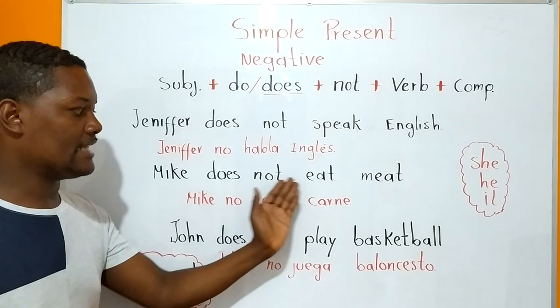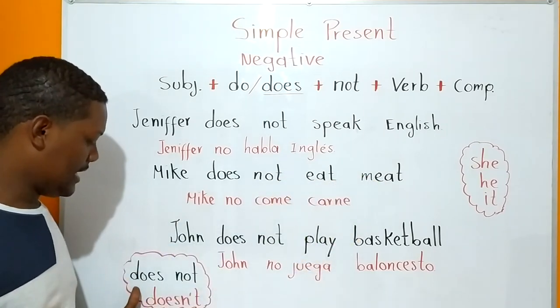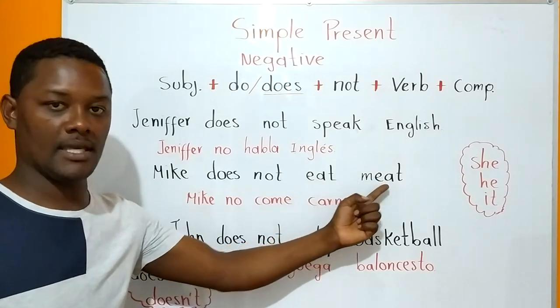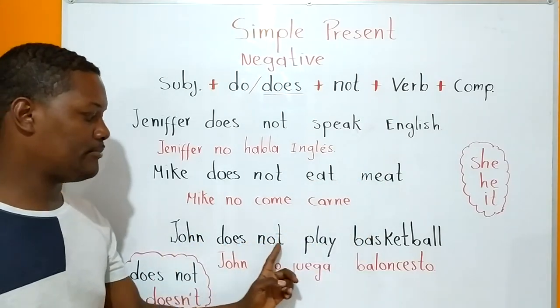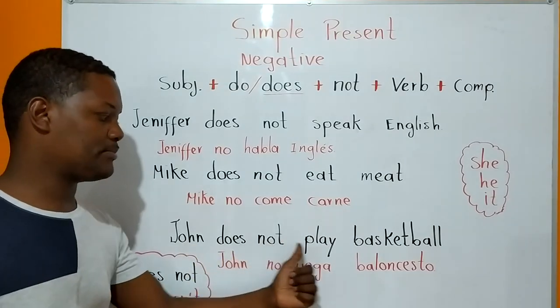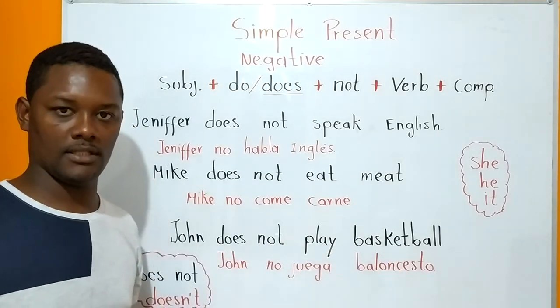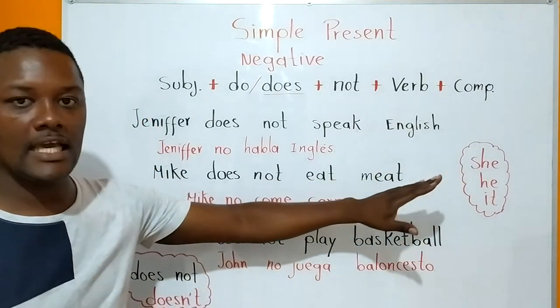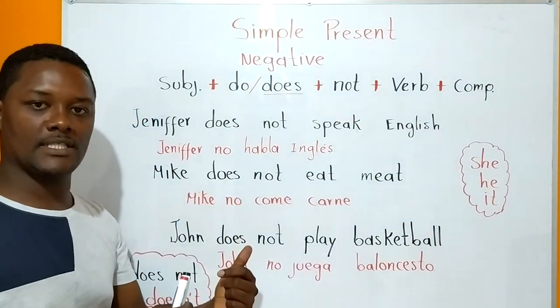Mike does not eat meat. Mike doesn't eat meat. John doesn't play basketball. John does not play basketball. Alright? Here is when you are using she, he, it, like in the affirmative way.